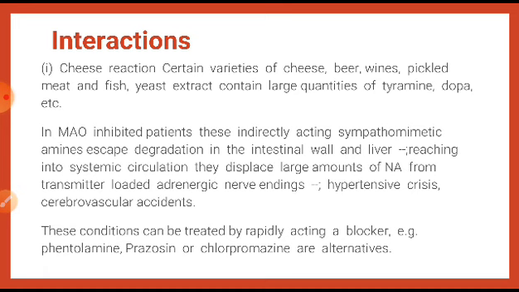Hypertensive crisis or cerebrovascular accidents can happen. These conditions can be treated by rapidly acting blockers, for example phentolamine, prazosin, or chlorpromazine. These can be alternatives for treatment.